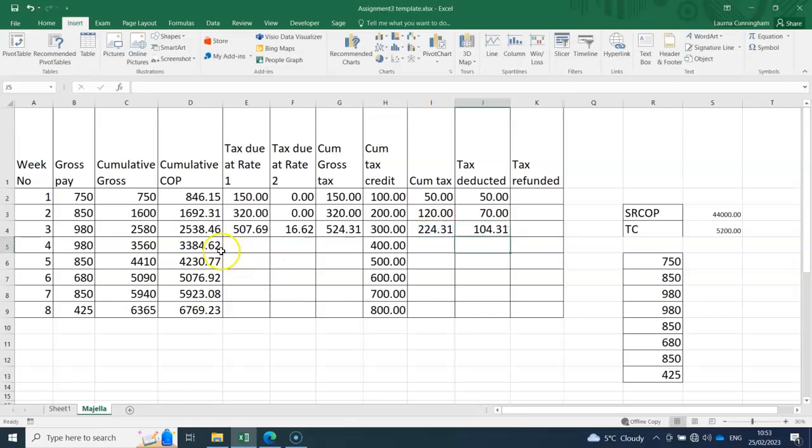Okay. So I'm going to fill down this formula here because it's the same. We can see she had a gross of 3560 and a cutoff here. Same this week. Gross is higher and higher. Okay, so I can just fill these down because every week it's the same until our last week.